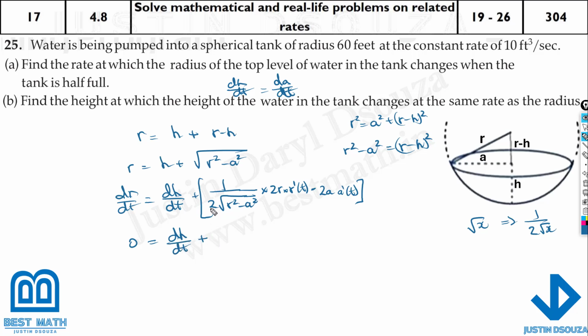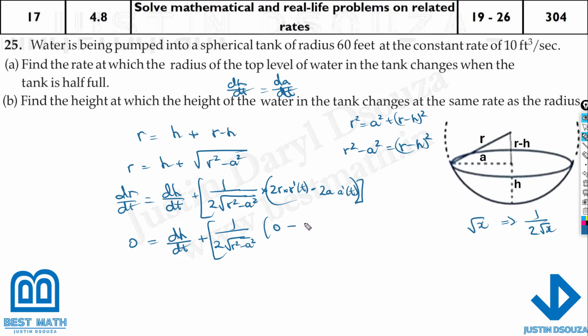What about this? Plus, we have 1 by 2 square root of r squared minus a squared. This entire thing is multiplied with what? Here, once we have differentiated the square root, whatever comes from the chain rule is inside a bracket. Now here, r is 60, so 2 times r would be 120, but the derivative of the constant radius of the sphere is 0.